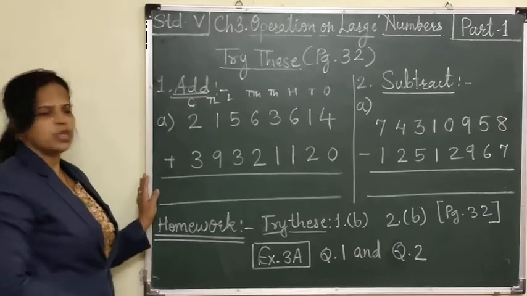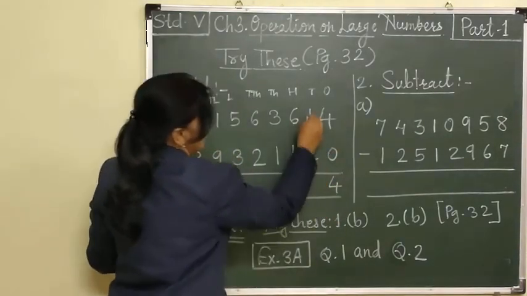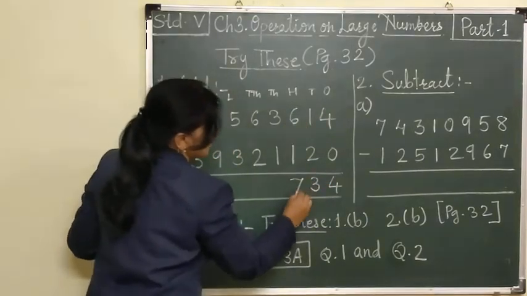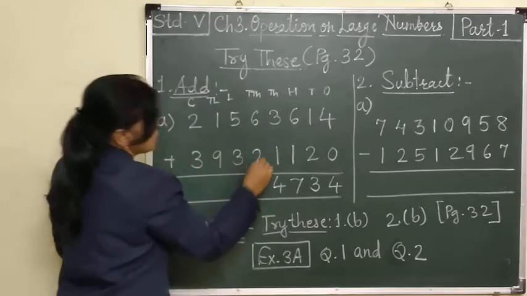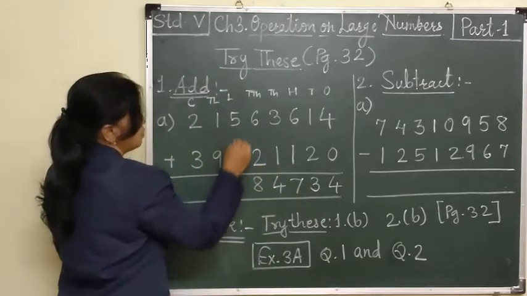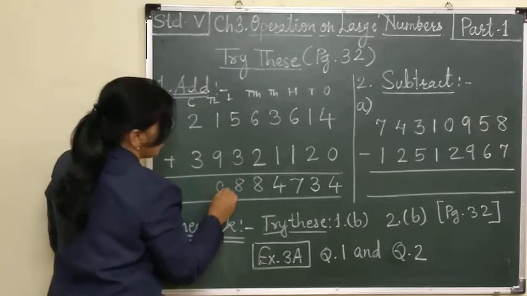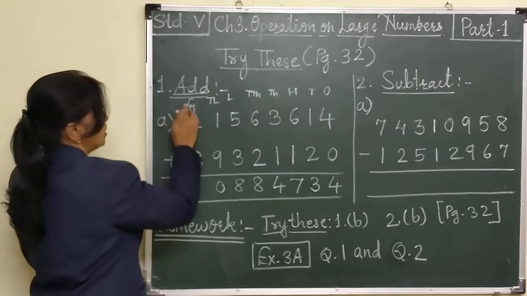Now I am going to do the addition. 4 plus 0, 4. 1 plus 2, 3. 6 plus 1, 7. 3 plus 1, 4. 6 plus 2, 8. 5 plus 3, 8. 9 plus 1, 10. 0 will be down and 1 will be carried.